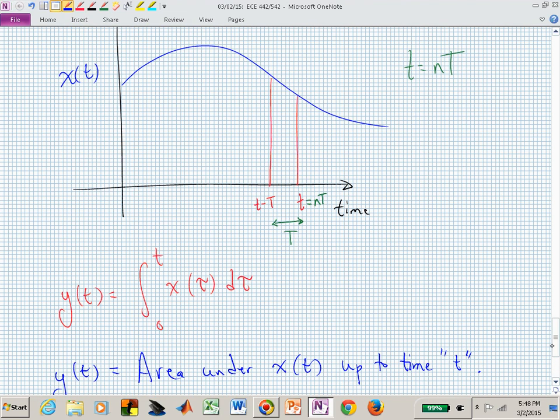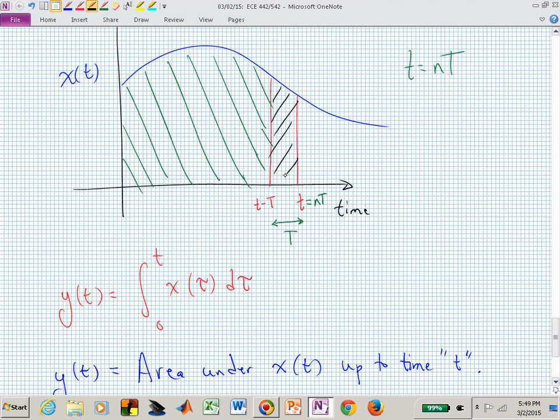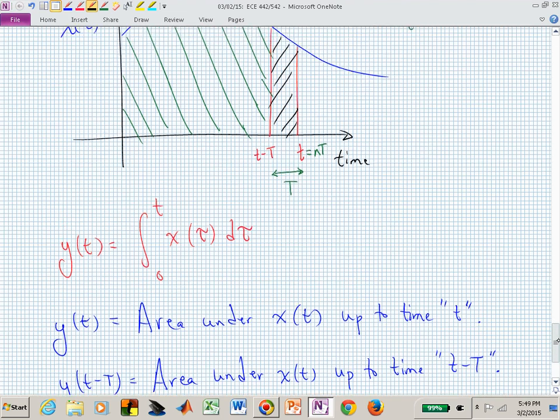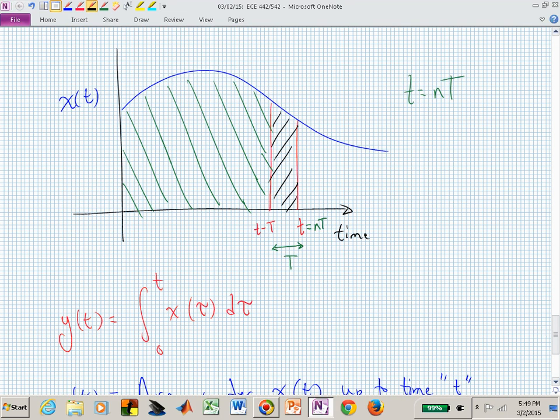Which means that we could say, oh, here is our y of t, and the green is y of little t minus capital T, and if we want all of the area up to little t, then we would consider both shaded intervals, or both shaded areas, to create that.